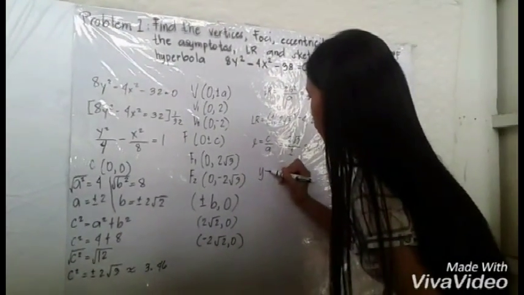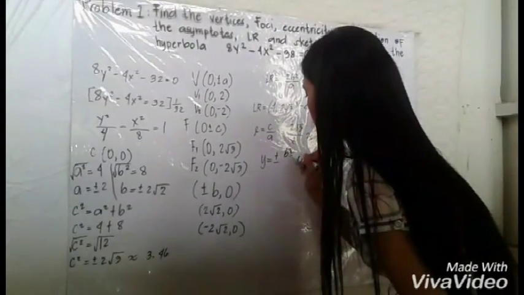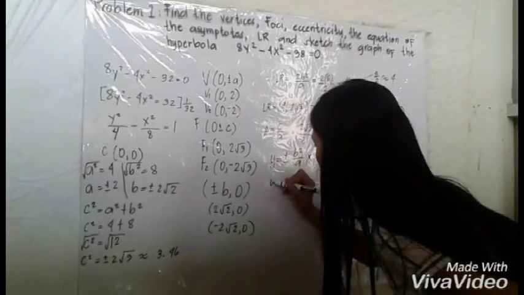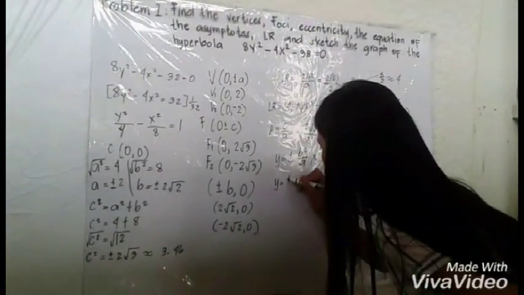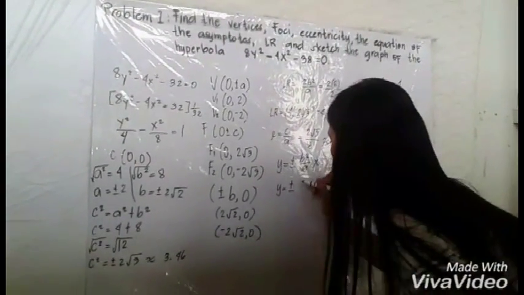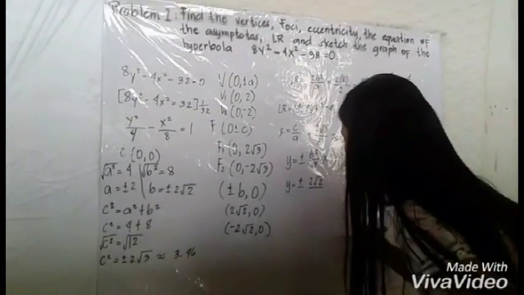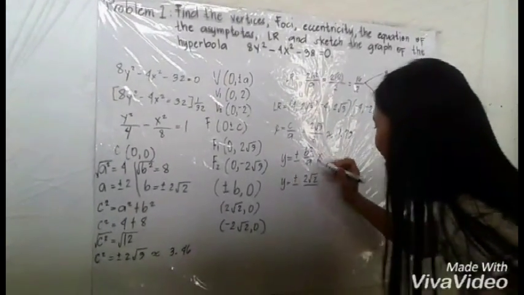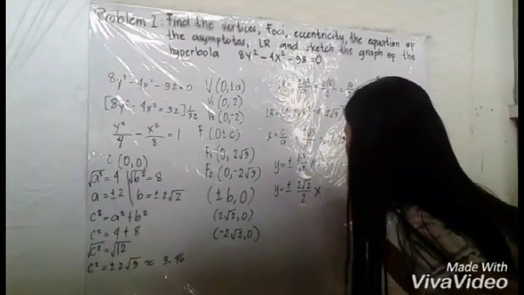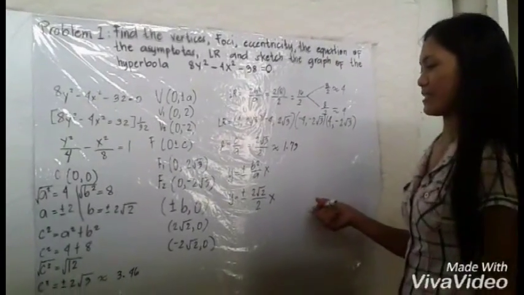So y is equal to positive negative b over a, and we have y equal to positive negative 2 square root of 2 over the value of a, which is 2. So these are the endpoints of the asymptote.